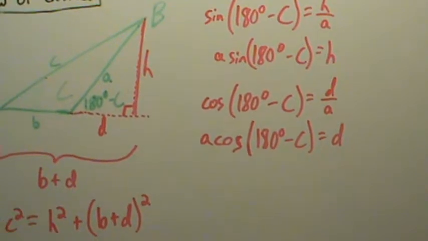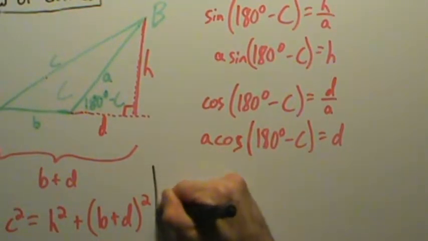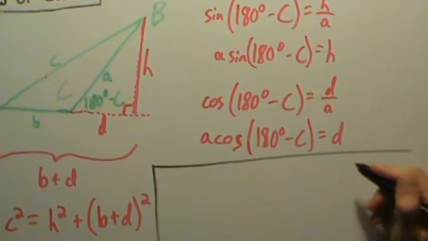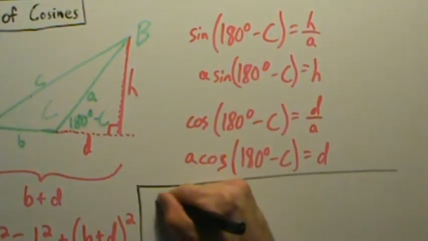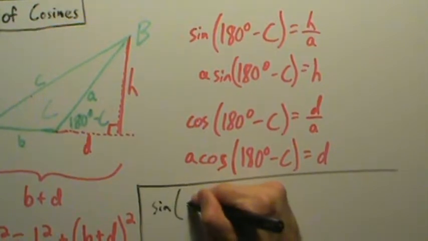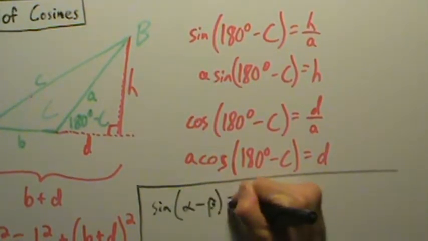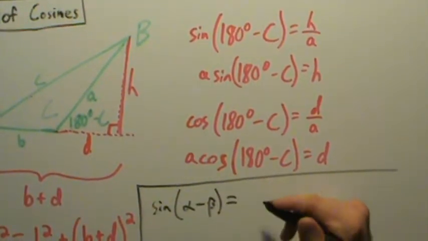Well, let's think about our trig identities. So if we think about our trig identities, what is this? This is sine of one angle minus another angle. So in general, sine of, let's say, alpha minus beta is what?